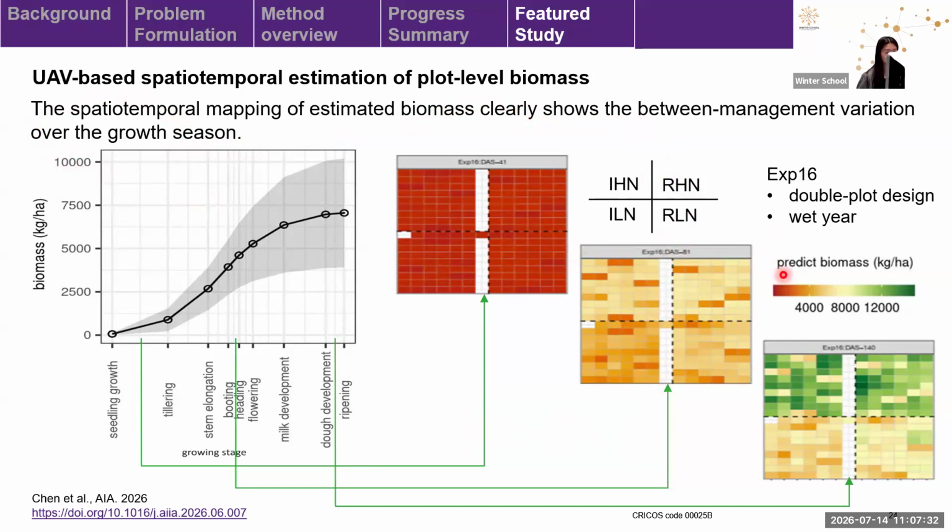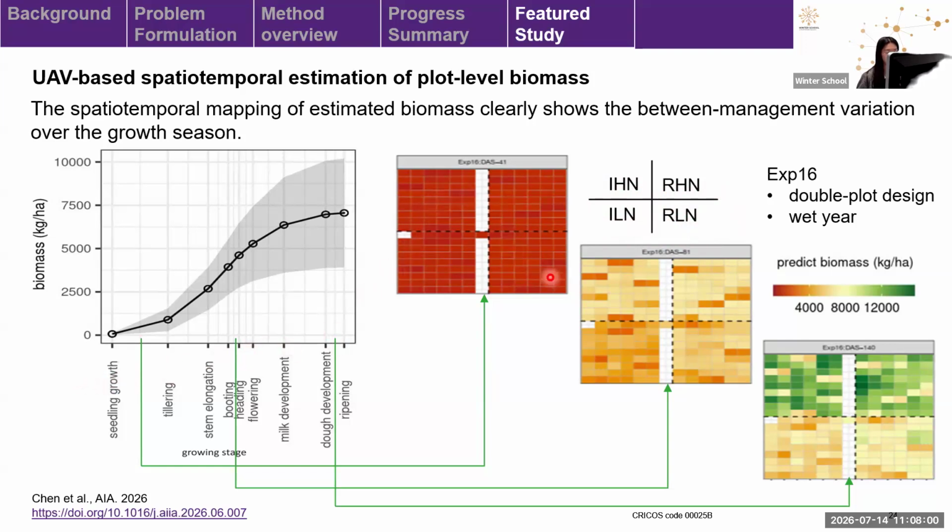For the trial here, we divide into different management practices. The top left is the irrigation high nitrogen, and the top right is the rain-fed high nitrogen. And the bottom left is the irrigation low nitrogen, and the last one is the rain-fed low nitrogen.